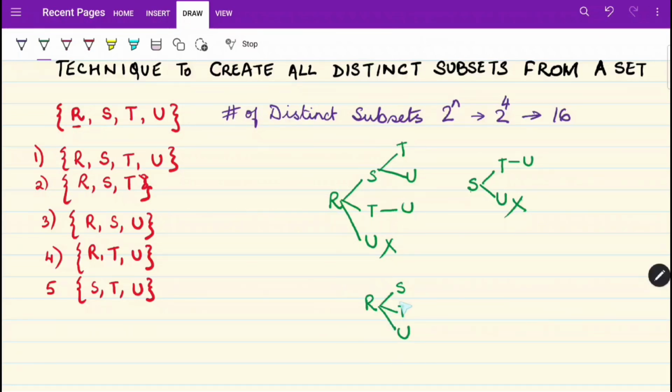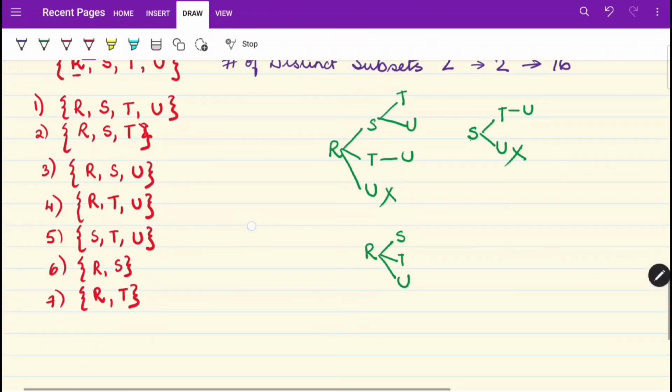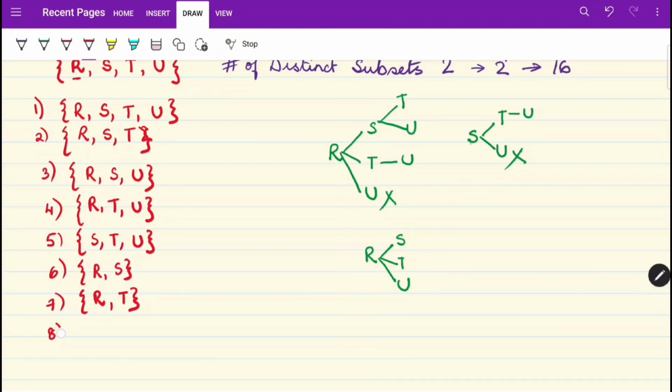So I'm going to just list this RS, RT, RU as my 6th, 7th, and 8th combination. All right, so 6th is RS, 7th is RT, and 8th is RU, right?